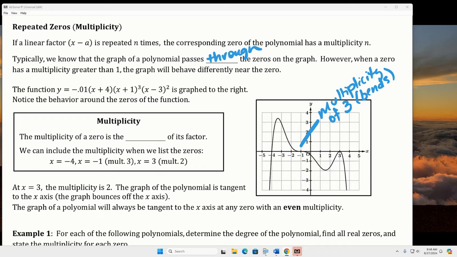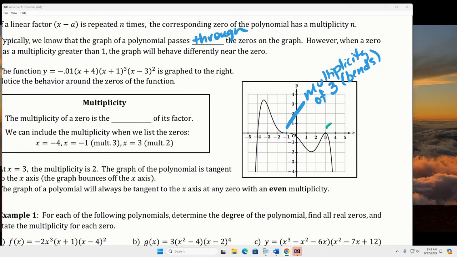All right, and then our last factor is x minus 3. That's a zero of 3. And if you look at the graph at 3, it bounces. And that's because there's a multiplicity of 2.